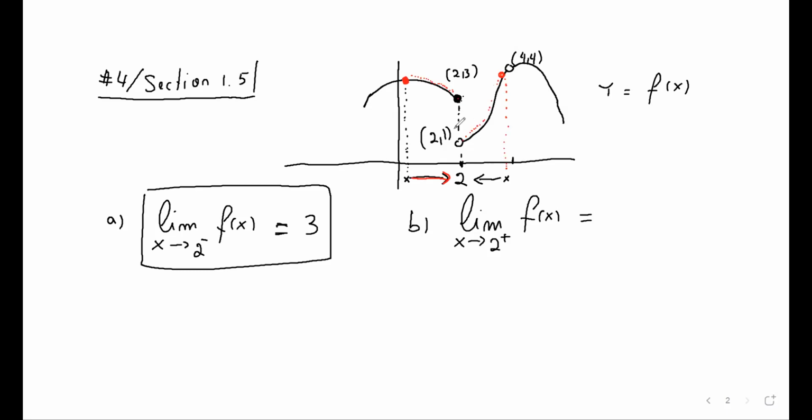So I'm reading the y value of that point, and I'm just going to say 1 over here. So that is the y value of that point. So it is indeed 1.